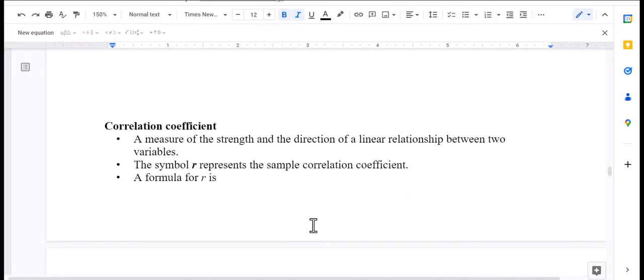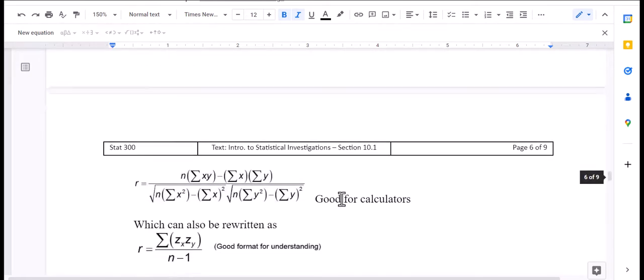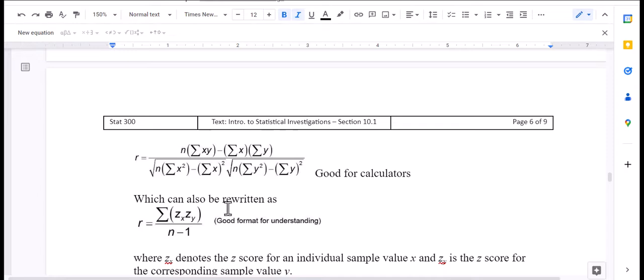So now what about the correlation coefficient? It is a measure of the strength and direction of a linear relationship between variables. The symbol R is what represents that relationship. And the formula for R is this lovely little thing. This is good for calculators.